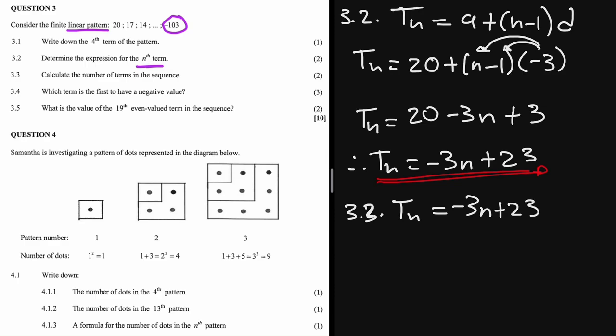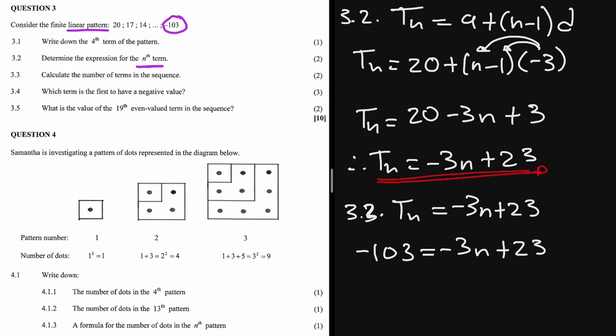To get the position of the last term, we substitute the value of the last term here on Tn. So the value is -103, and therefore we have -103 = -3n + 23. We are going to solve for the value of n to determine the position of the last term, which will give us the number of terms we have.